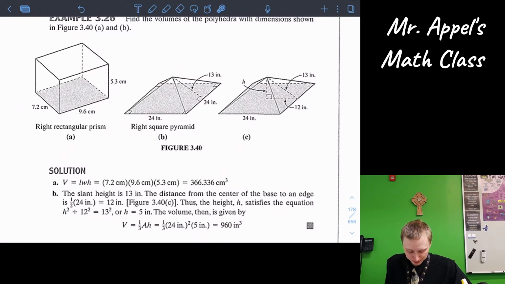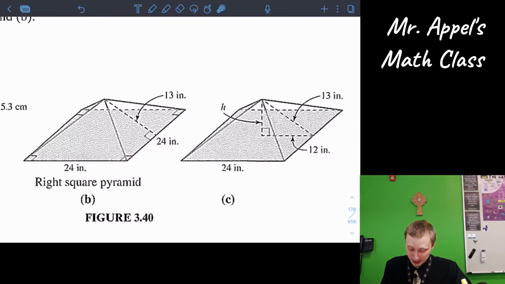Now for the pyramid, the slant height is 13 inches. The distance from the center of the base to an edge is 1/2 of 24 inches, or 12 inches, see 340C. So if you look in here, what they have done is they have drawn in a line segment from the apex of the pyramid down perpendicular to the square base. And since this is a square pyramid, that line will be perfectly in center.